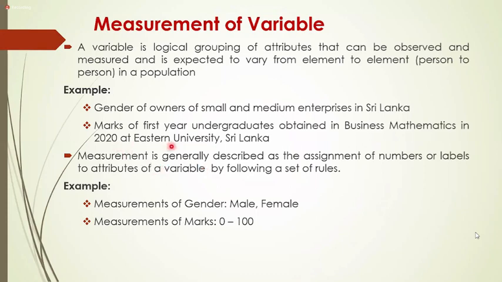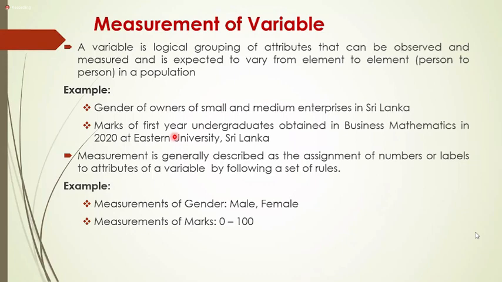The variable is marks; we are interested in the marks of those students for the business mathematics subject. So what are the measurements? Maybe 0 to 100. So these describe the variables and the measurements.